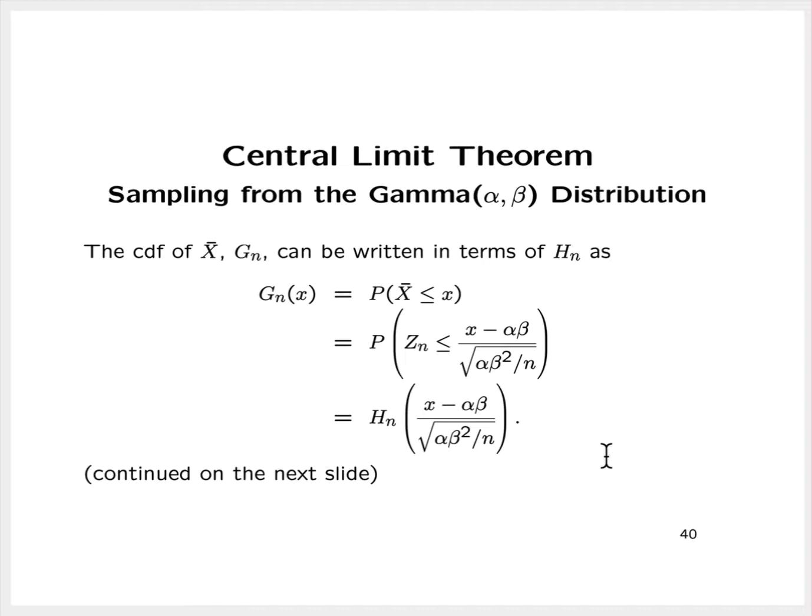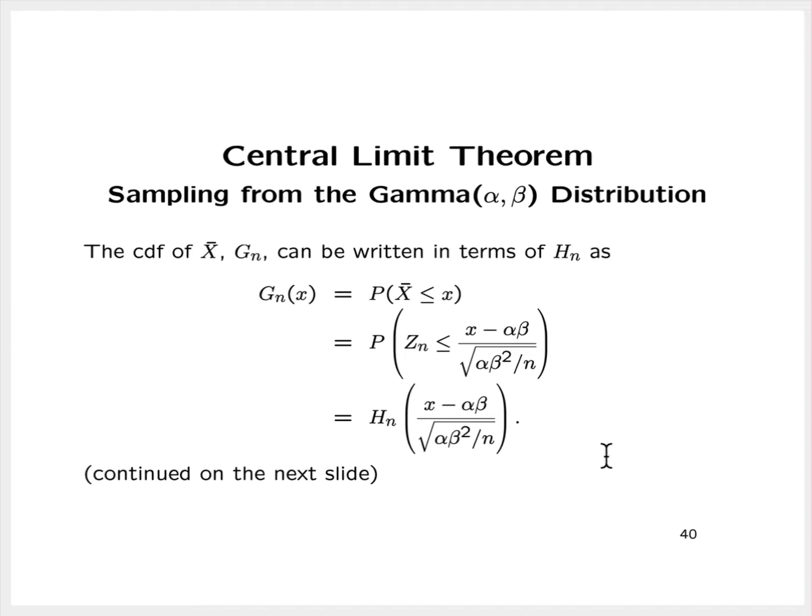Now, in that context, we're not going to be comparing to the standard normal. We're going to be comparing to the normal that has the same mean and variance as the distribution of X bar. And you'll remember that the variance of the distribution of X bar depends on n.